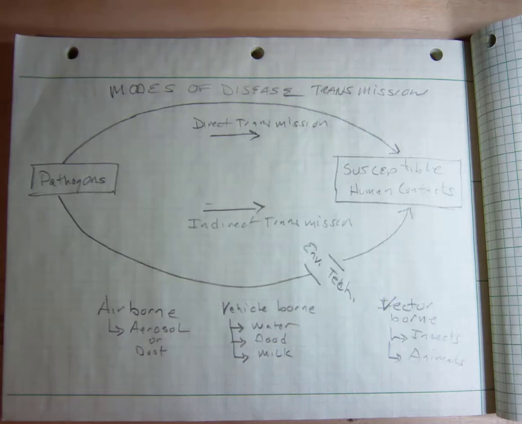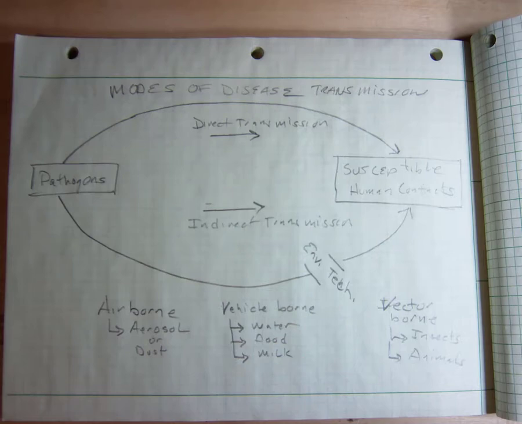And vector-borne is from insects such as a mosquito bite, West Nile virus, or animals, rabies from bats and rabid animals. And again, to summarize, communicable diseases are spread in several ways, as mentioned before. Many of these communicable diseases can be controlled or intercepted by application of modern environmental technology.